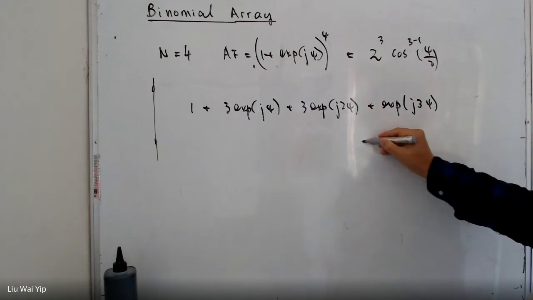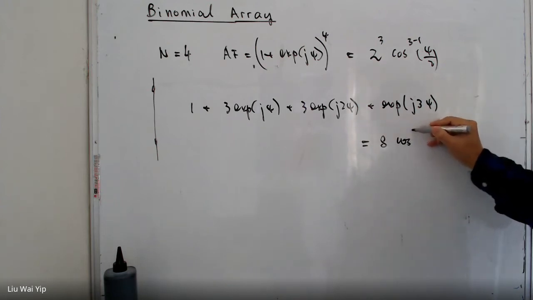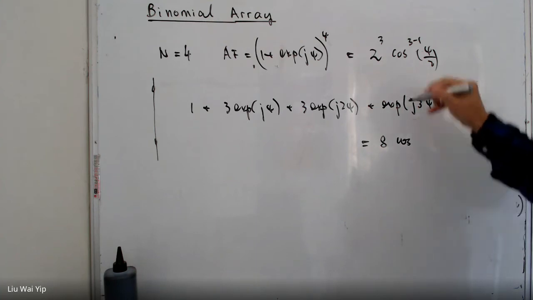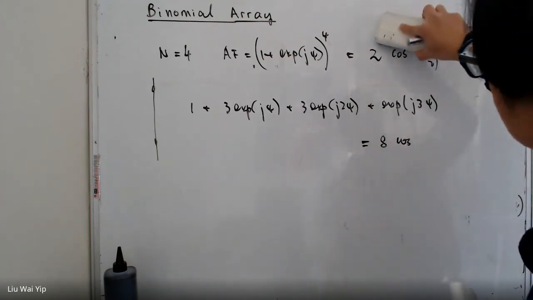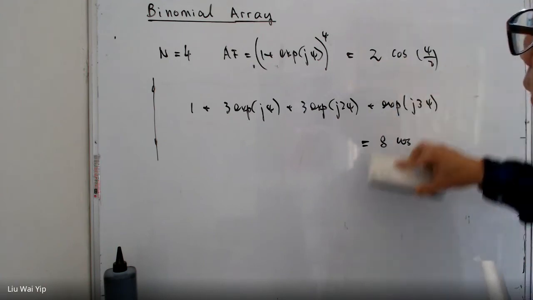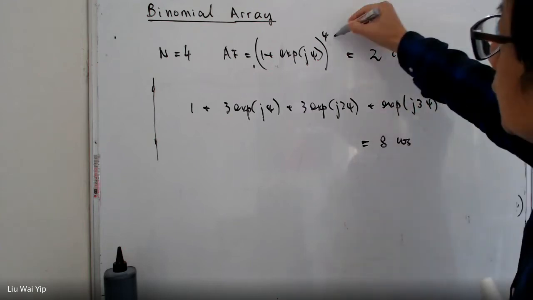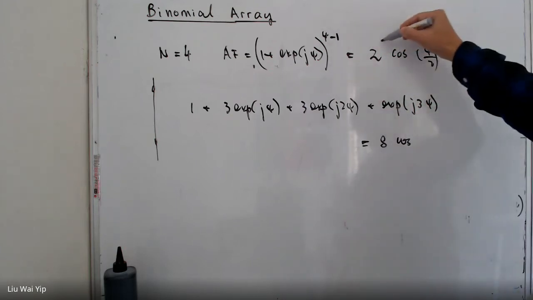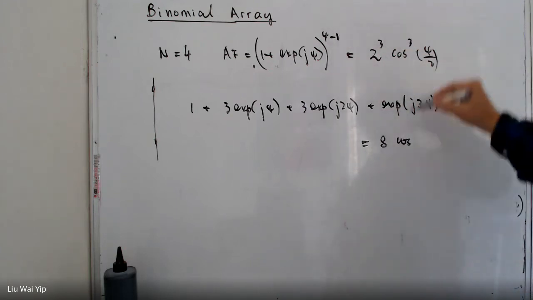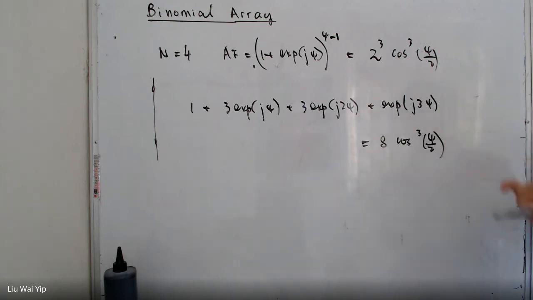So this one is going to be a, and then cos, and then sorry, this one should be 4. So this one is B. So we have 3 here, and then so this is what we are going to get.